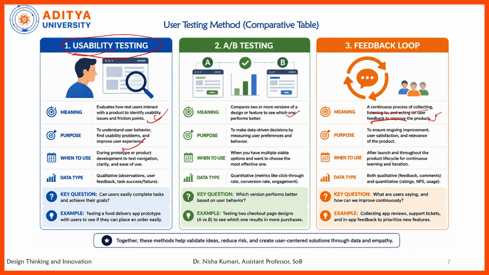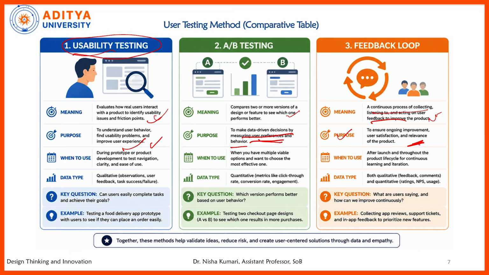Then the purpose of usability testing is to understand user behavior, to find whether there is any kind of usability problem in the product or not, and to improve the user's experience. While we talk about A/B testing, based on the data we are getting on those different versions, we are going to check the users' preference or their behavior. While we talk about the purpose of the feedback loop, here we are talking about ongoing improvement and enhancing user satisfaction.